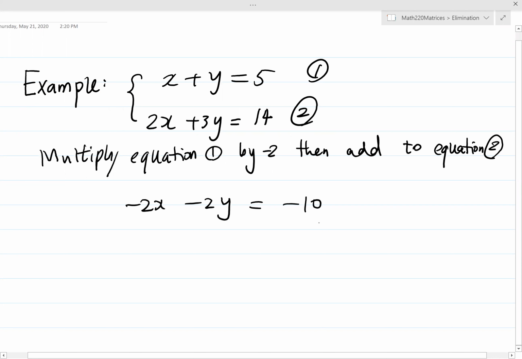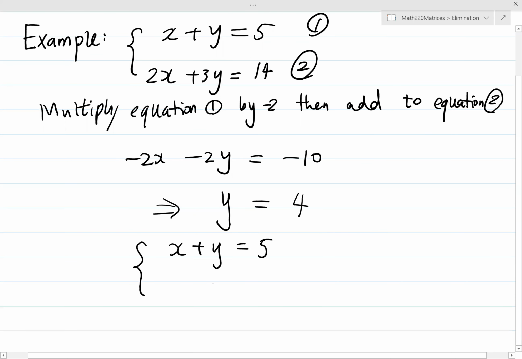Then we get 2x plus negative 2x, so there is no x anymore. 3y plus negative 2y gives us y. So y equals 14 minus 10, so y equals 4. The first equation stays the first equation, x plus y is 5, and y equals 4.